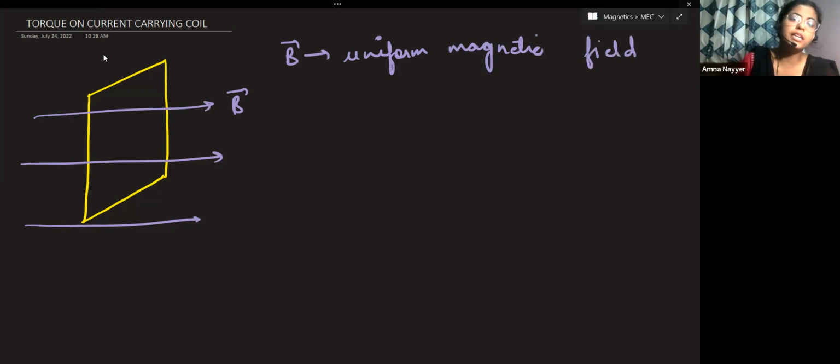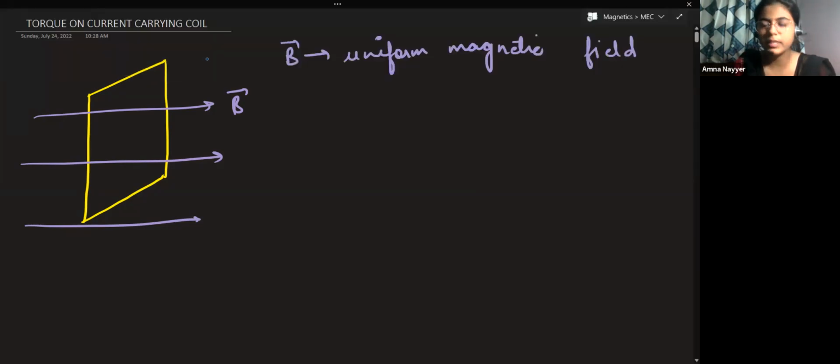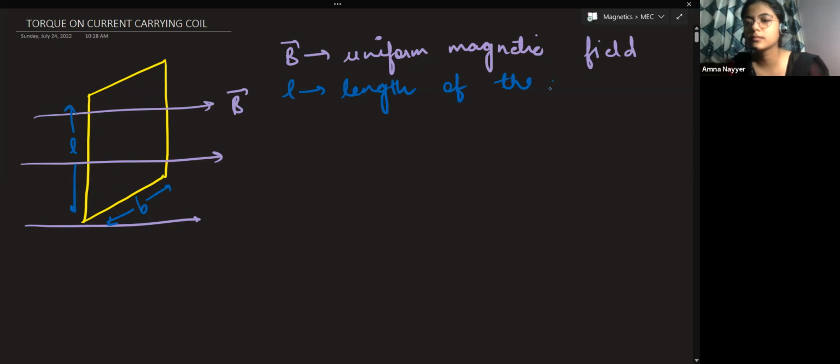Now the dimensions. If it's a rectangular coil, then definitely it will be having length, it will be having breadth. So let's say L I have taken as its length and B I have taken as its breadth. So L is the length of the coil and B is the breadth of the coil.